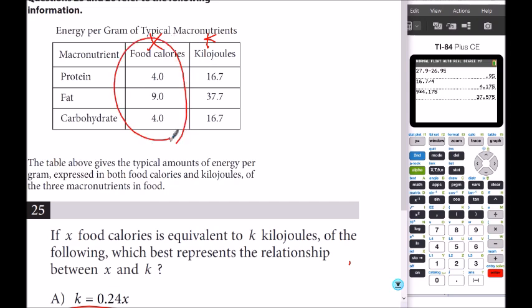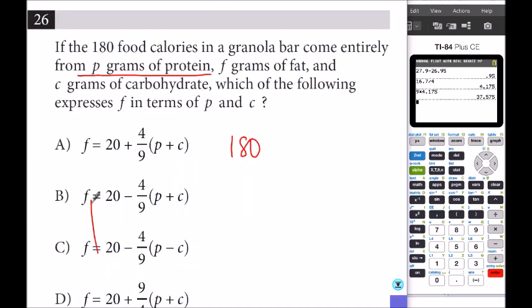So the food calorie was 180, and protein has 4 calories, so 4 times P, the amount of protein, plus 9 times F equals 4 times C. So the question was to solve F in terms of P and C.